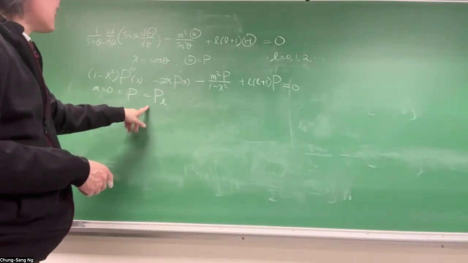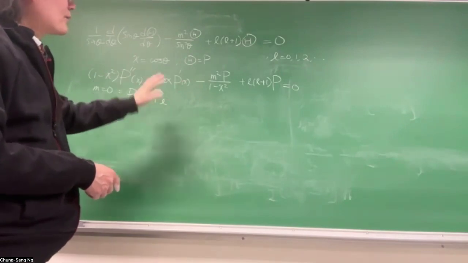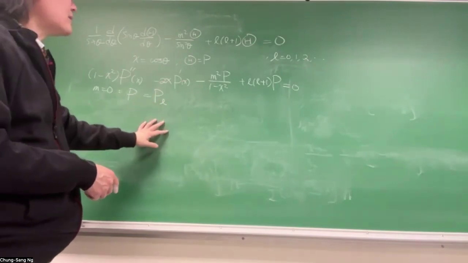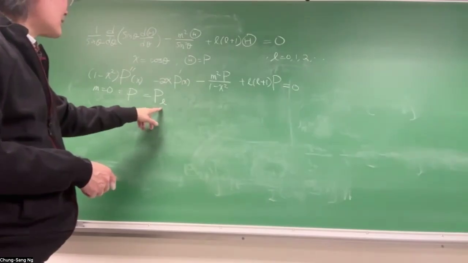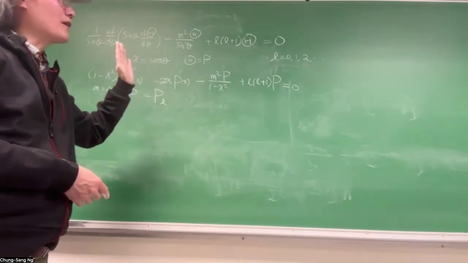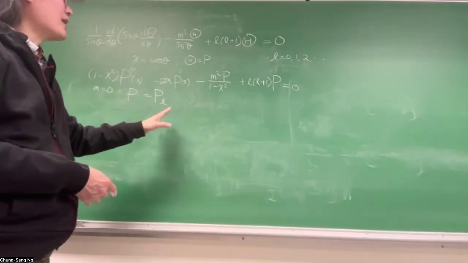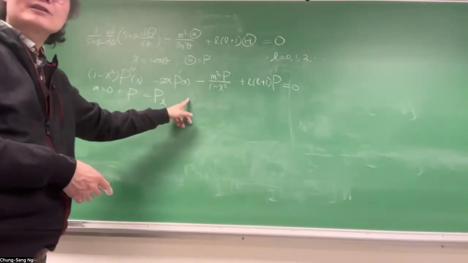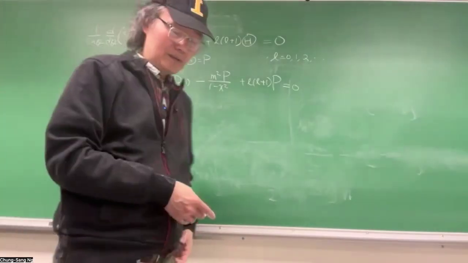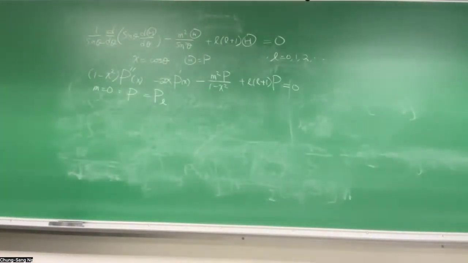But we consider the regular solution, which is regular at the axis, plus or minus 1 at the two ends. But there's a possibility that sometimes, if you don't consider the whole range of theta or the whole range of x, then you might need the second solution of the Legendre equation. I think most people call it Q. So you have P and then Q.